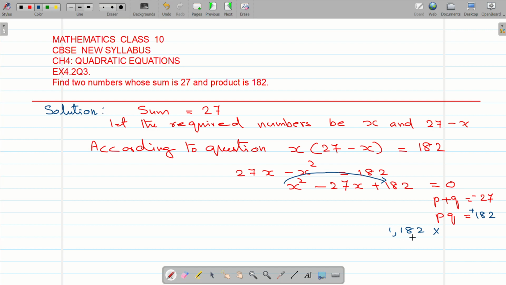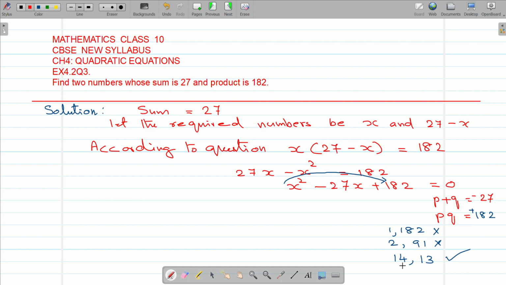Now 2 and 91, the sum is not equal to 27. Now you can divide 91 by 7, you get 13. Now 2 into 7, 14. The sum is equal to 27.